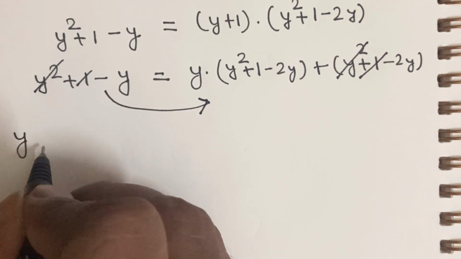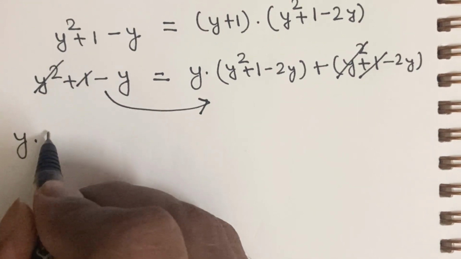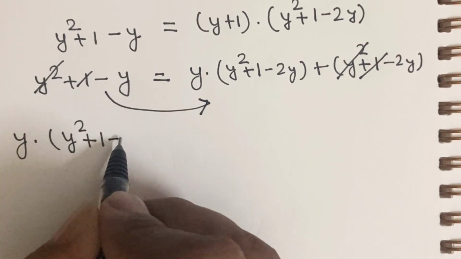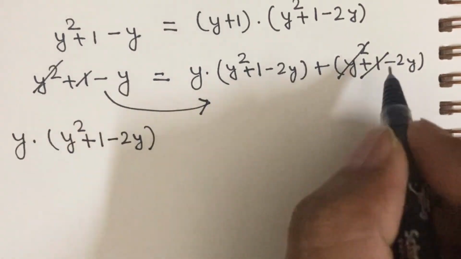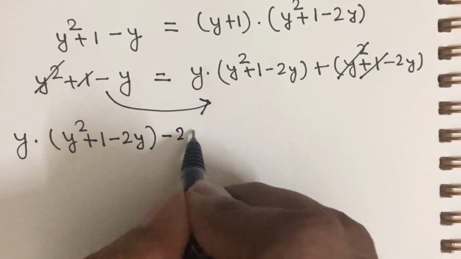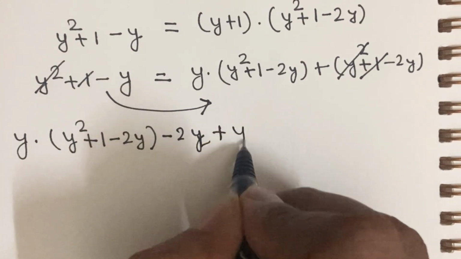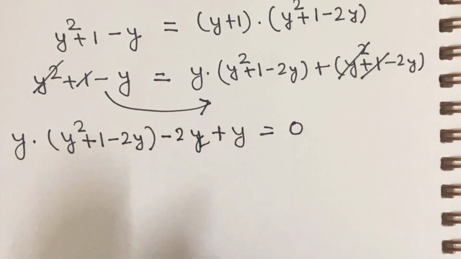y multiplied by y square plus 1 minus 2y, and this minus 2y and this plus y equals 0.